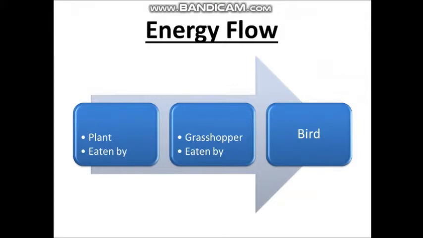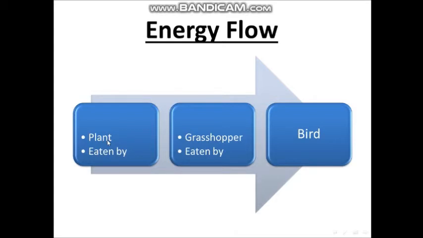Now, energy flow. What is energy flow? Energy is coming from the sun, and this energy is taken by plants through photosynthesis. When plants are eaten by some insect, that energy from the sun is transferred to the grasshopper. See, there was the sun, the energy from the sun went to the plant through photosynthesis.